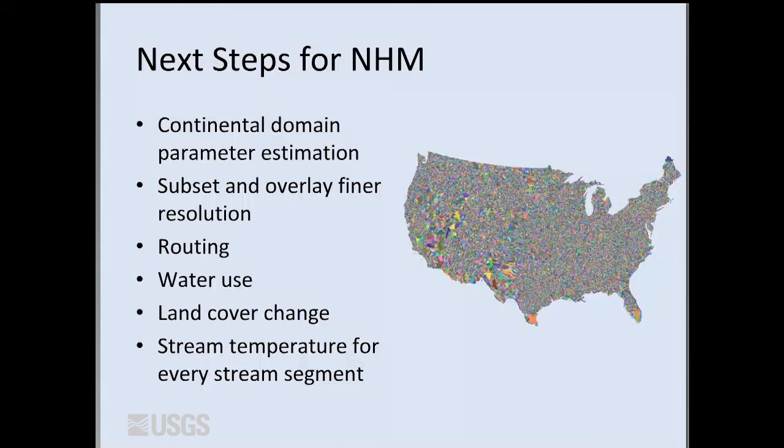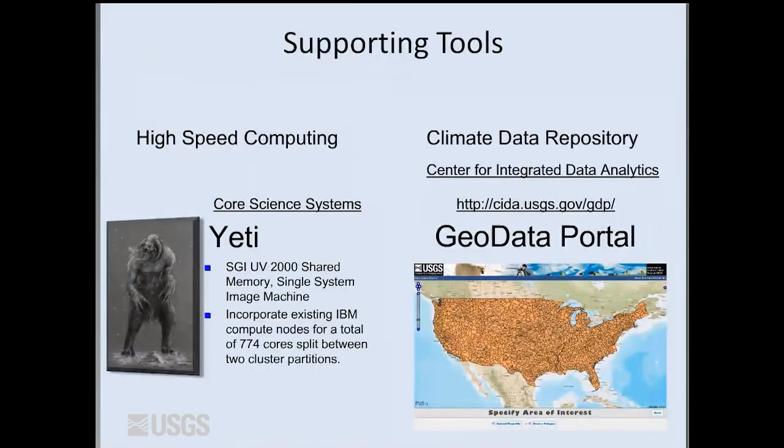And also stream temperature. The SNTemp model has been written into the PRMS code, and so along with streamflow and other parts of the water budget that PRMS simulates, you would also be able to get daily temperature time series at each segment.